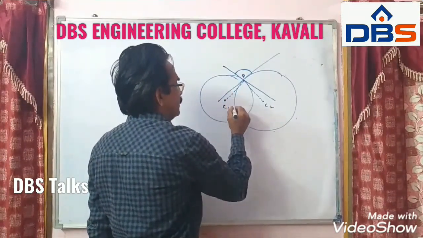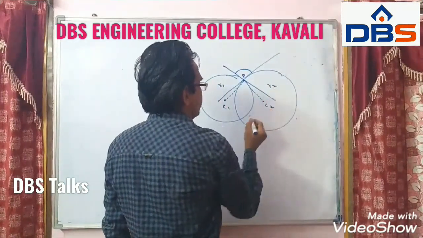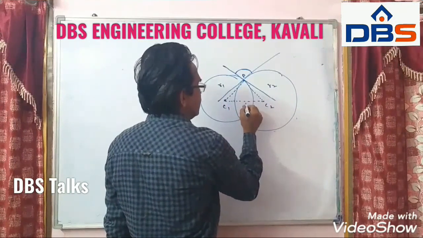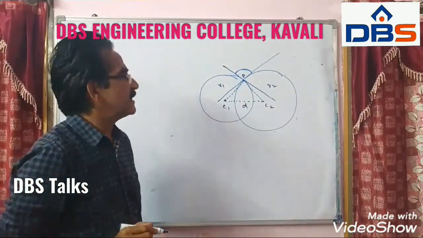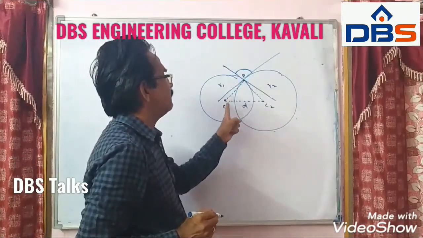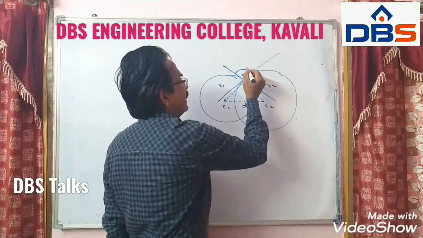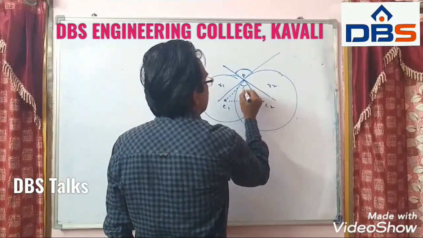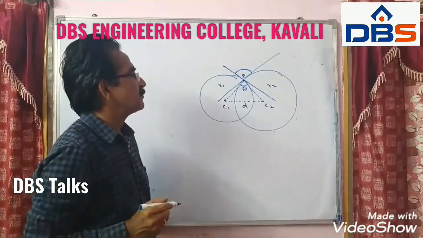Say R1 radius, say R2 radius. And the distance between the centers is D. Friends, from the triangle PC1C2, the angle between the circles, let us say theta here.